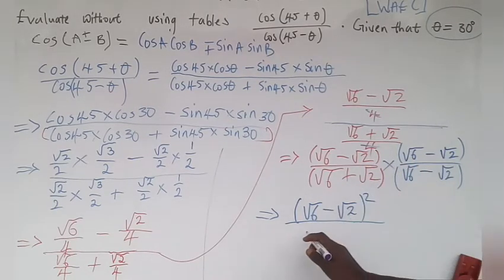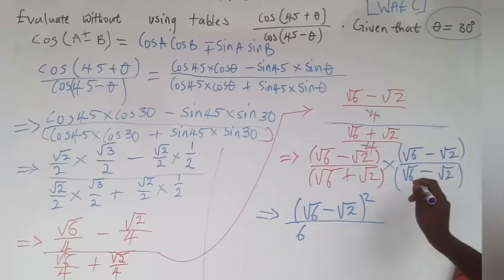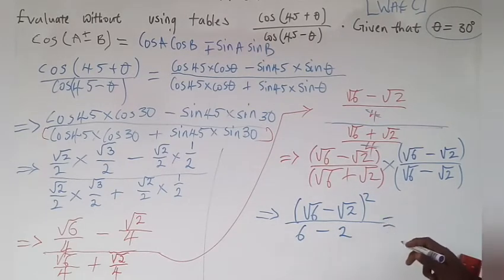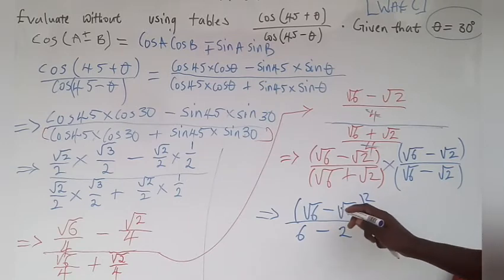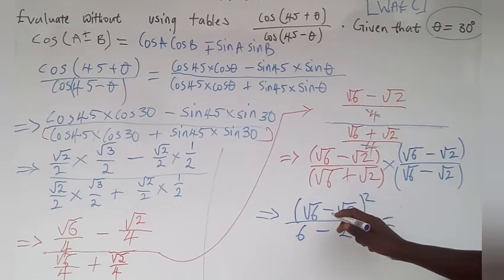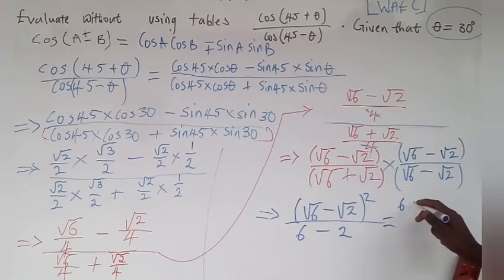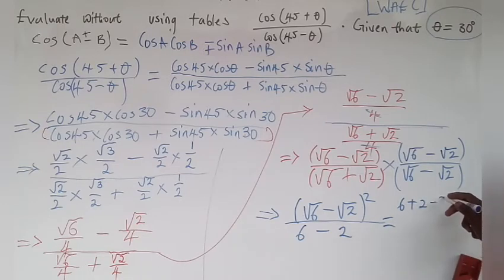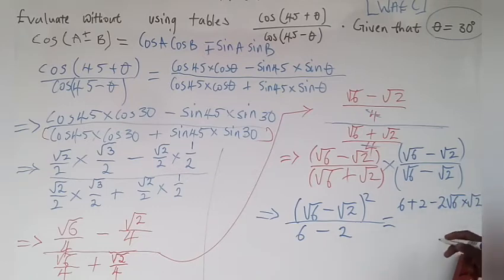Root 6 squared is 6, minus root 2 squared is 2. Expanding the numerator, we will have 6 plus 2, minus 2 times root 6 times root 2, all over 4.